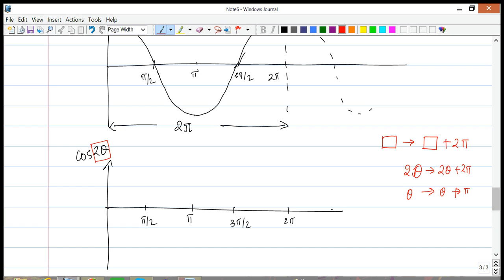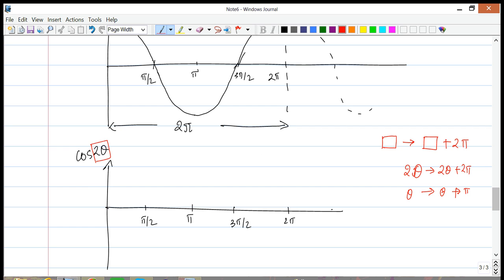So a simple way to remember what the period is for cosine of n times theta: just replace n times theta with 2 pi. That way the theta can be replaced by 2 pi divided by n, and that gives you the period for the function itself.